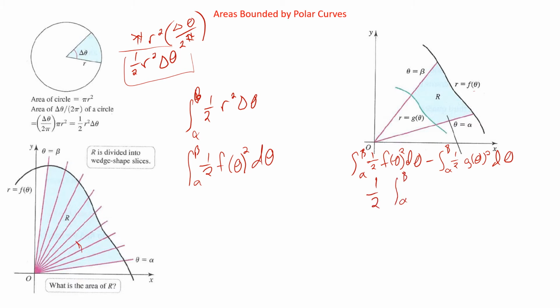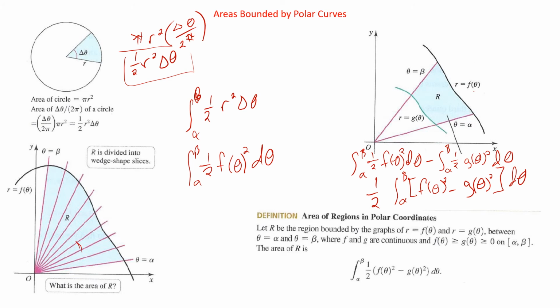Alpha to beta of f of theta squared minus g of theta squared d theta. So this looks a lot like the washer equations back from when we were doing volumes of rotation. And it is similar. This is just an area though.